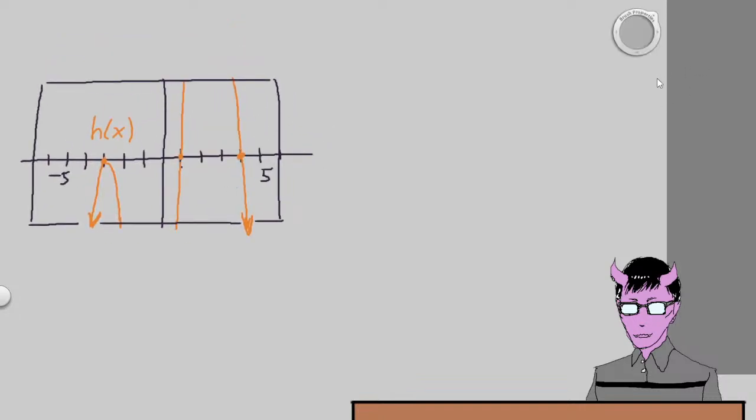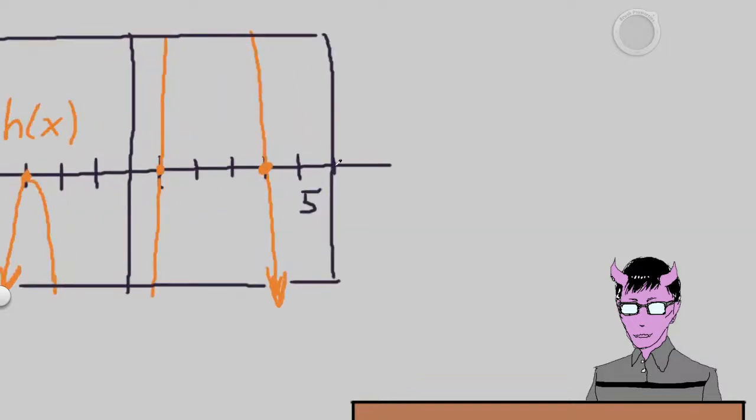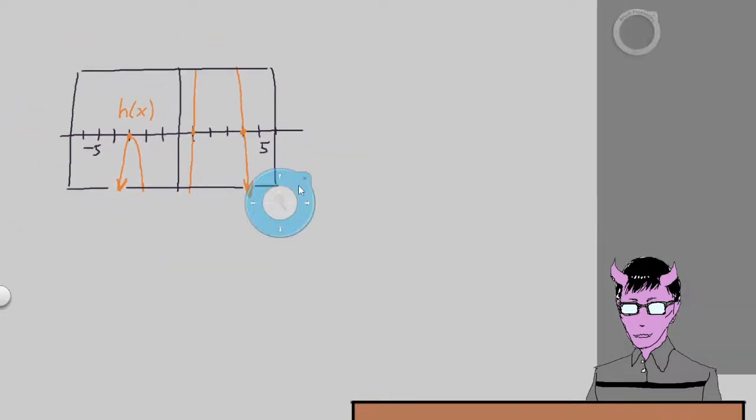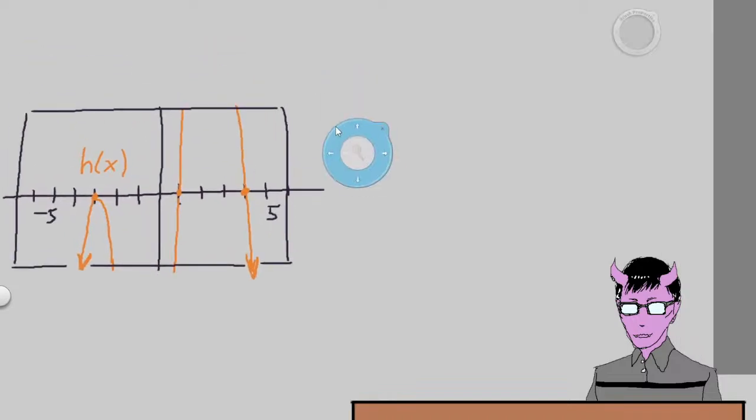So that's the graph, and then here are the options for the situation. We have option A. That's going to be x minus 3 squared times x squared plus 5x plus 4.